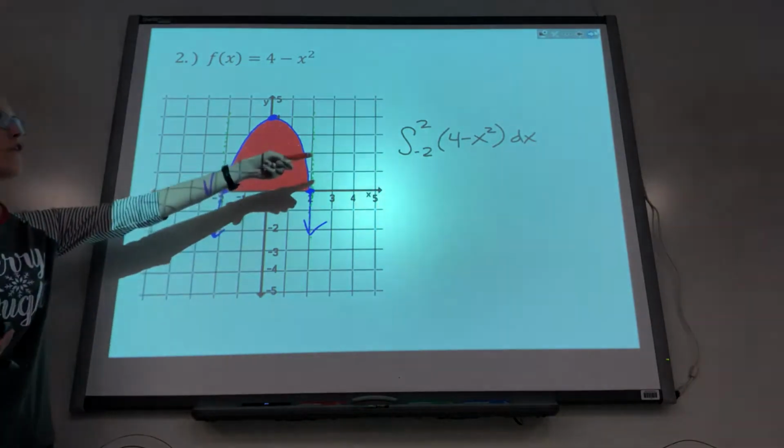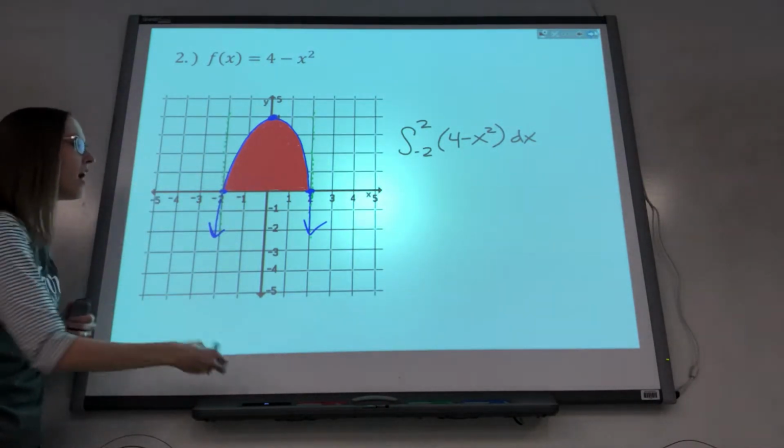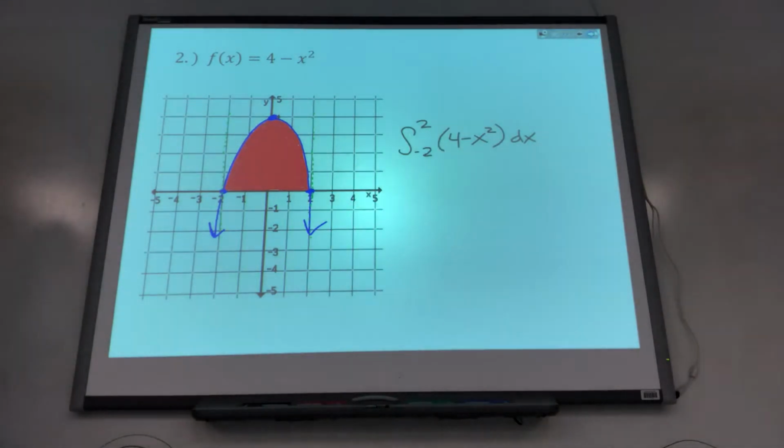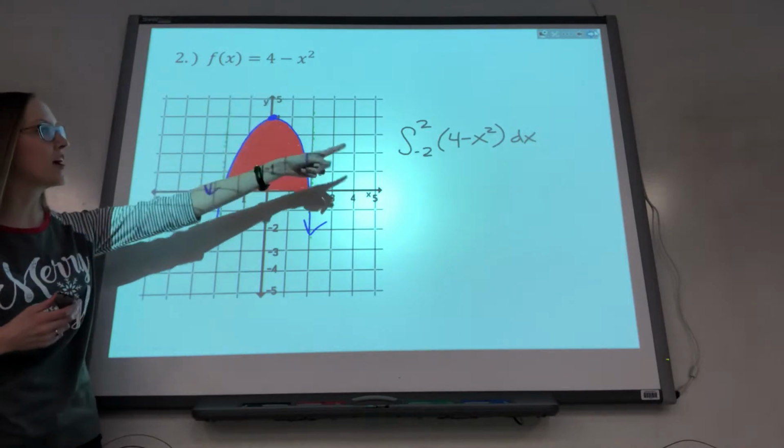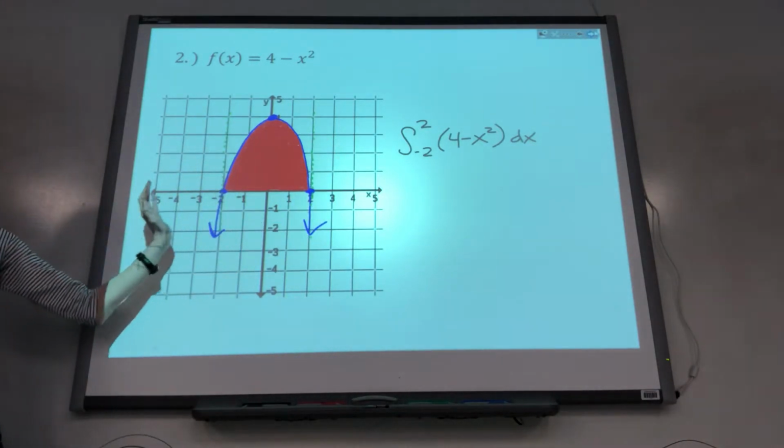Later on, we'll figure out actually how to integrate something like that. Again, this is just kind of getting it set up. Okie doke. When you integrate with respect to x, you're looking at x values.